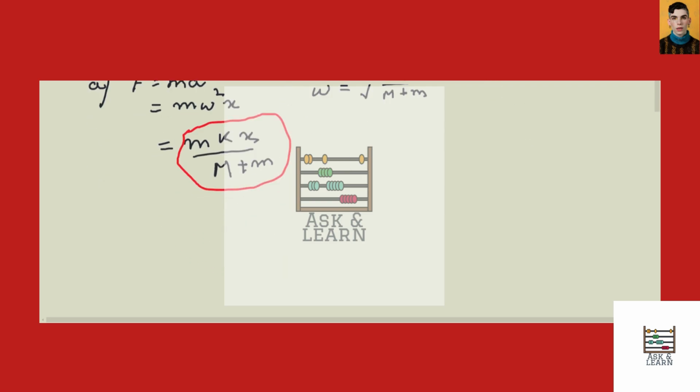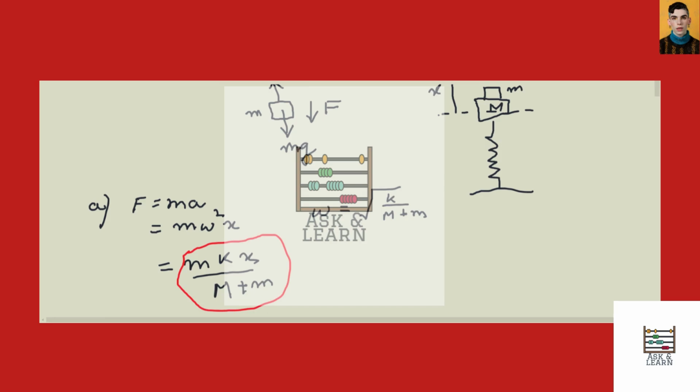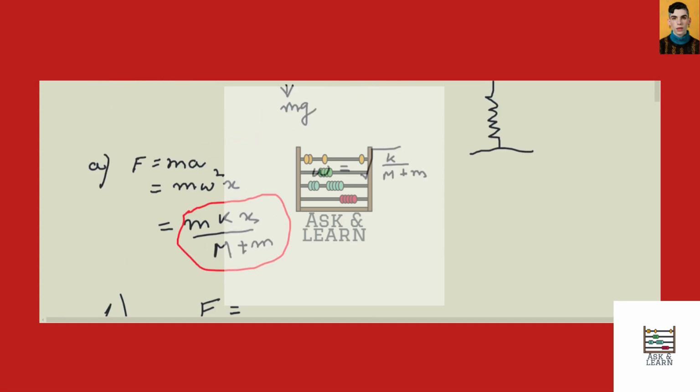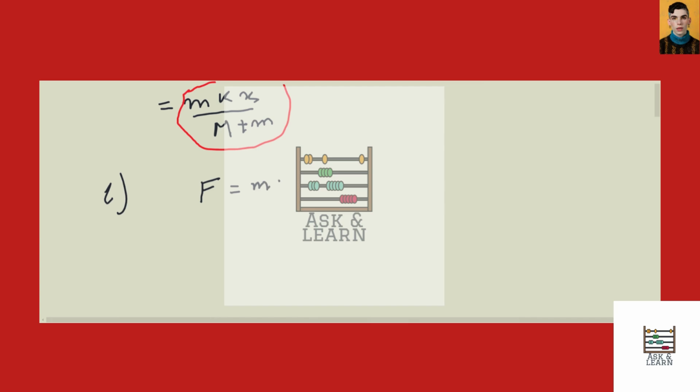Next we have part B. Here you have to calculate the normal force on the smaller block at this position. So we can write the net force F equal to the weight minus the normal reaction.